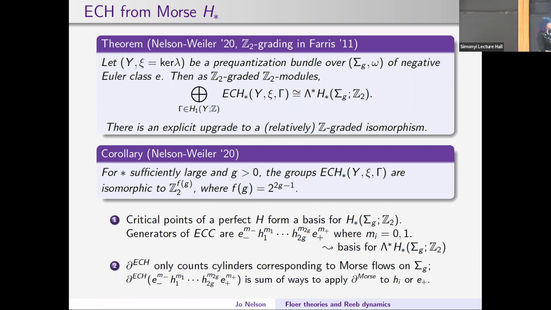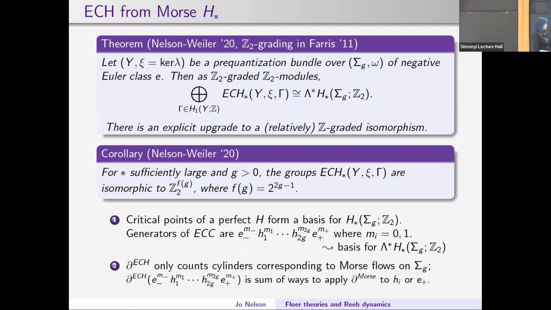And that's precisely giving you a basis for the exterior algebra of the homology of the base. And in some sense, that's a more straightforward combinatorial thing that you can just write down and verify.